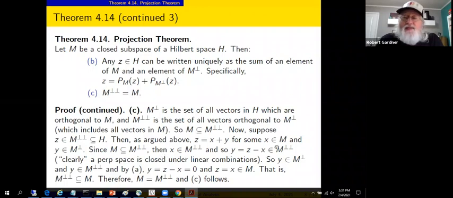So let's see, X is in M, so X is in M perp perp, and Z is in M perp perp. We stated upstairs, when we referenced that exercise, that these perp spaces are themselves subspaces. So we get the closure under linearity. So we can show the vector Z minus X, let's call it Y, is in M perp perp. Yeah, closed under linear combinations.